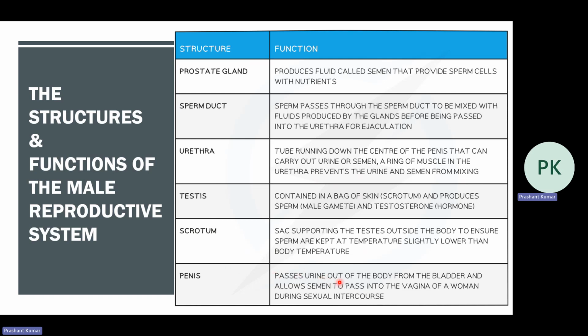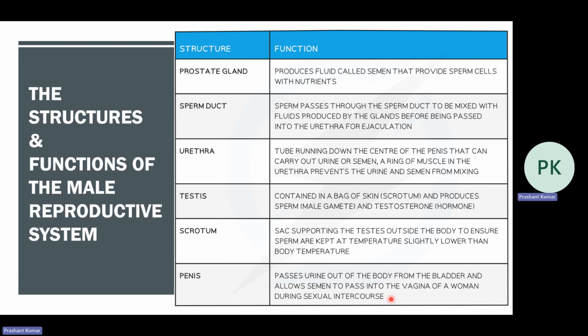The penis passes urine out of the body from the bladder and also allows semen to pass into the vagina of the woman during sexual intercourse. The male inserts the penis deep inside the female vagina so that the gametes are released into the body and go up to the fallopian tube to get fertilized.